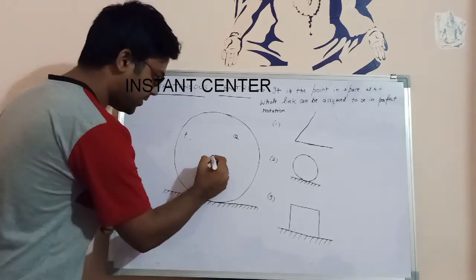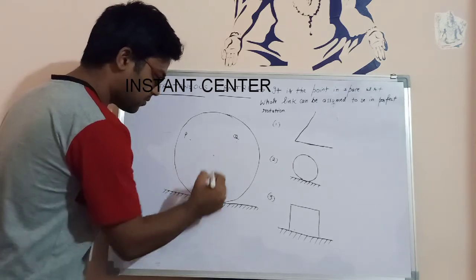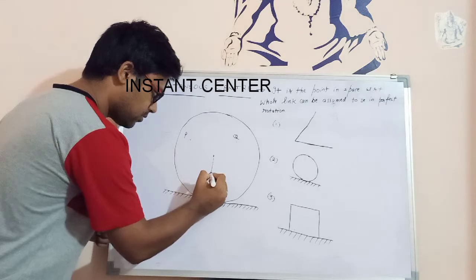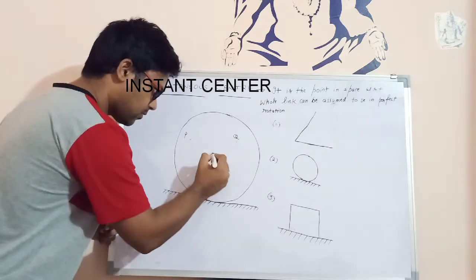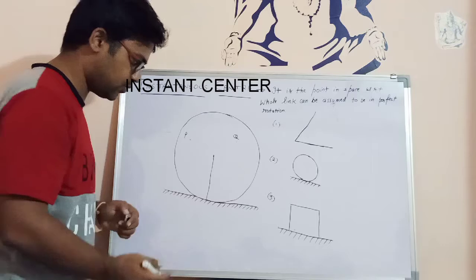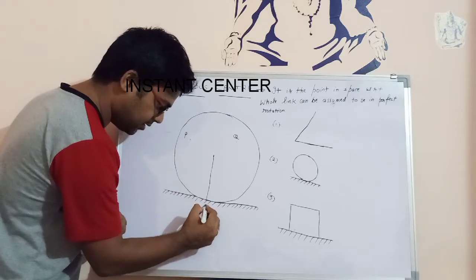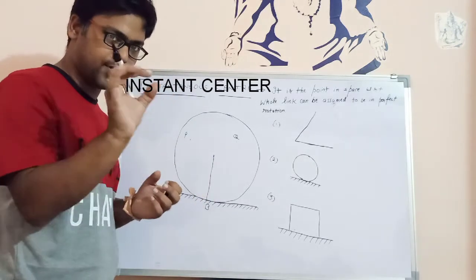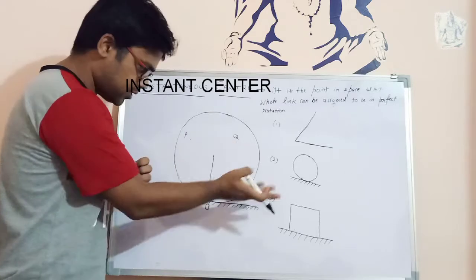This is my center. Let us suppose this is the point at which it is having contact with the ground. This is my point of contact, called B. So B is the point of contact of the roller with respect to the ground.